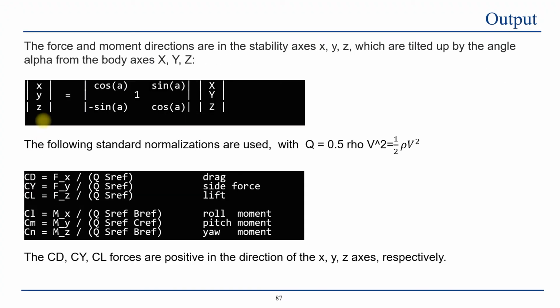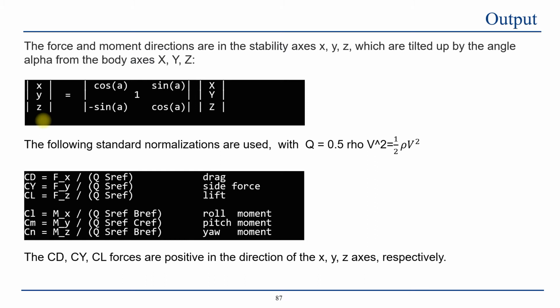So the force and moment directions are in the stability axes, which are tilted up by the angle alpha, or angle of attack, from the body axis. If you don't know the difference between the stability and the body axes, the stability axes just help us analyze the aircraft easier because it gets rid of a lot of the non-necessary derivatives and elements in the equations that we have to deal with.